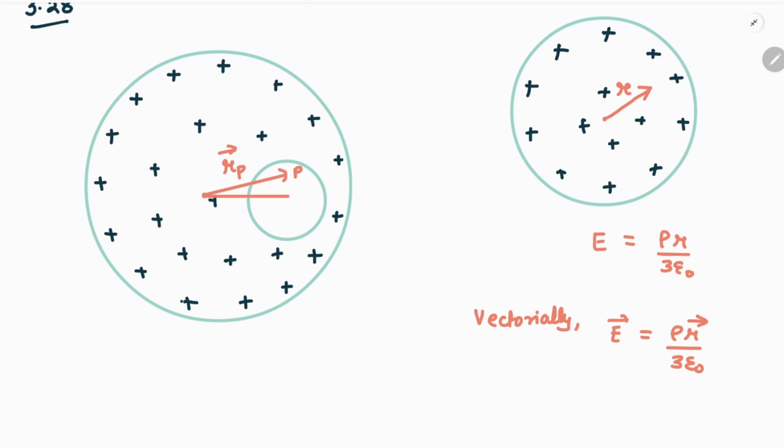The center of the cavity has coordinate rc vector, and inside this we consider this to be r2 vector. So I can say that the electric field strength at a point P is the electric field strength due to the entire sphere, and if we subtract the electric field strength due to the cavity, then we will get the answer.